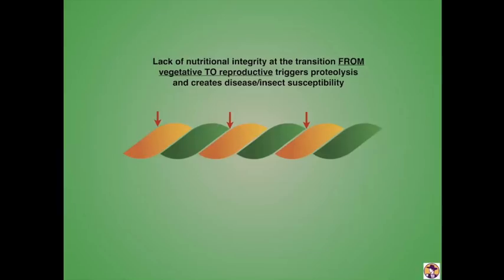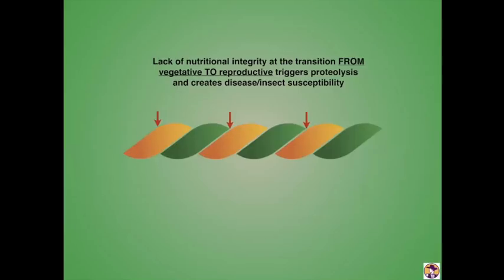So they're going to have much greater nutritional requirements. And if the plant is unable to supply the nutritional requirements for those reproductive buds or for those blossoms, the entire plant will switch from protein synthesis to proteolysis, and it triggers greater disease and insect susceptibility.